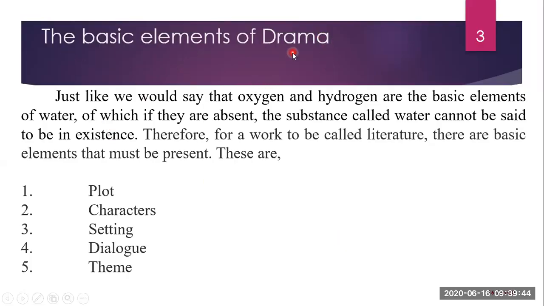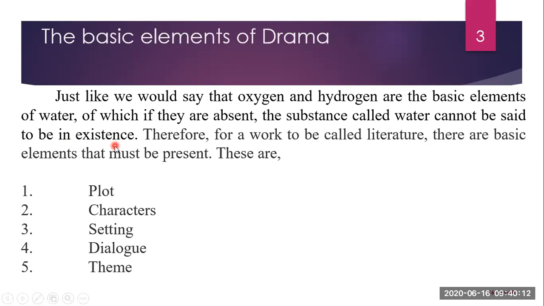What are the basic elements of drama? What do we mean by elements? Just like we would say that oxygen and hydrogen are the basic elements of water, if oxygen is absent or hydrogen is absent, the substance called water cannot be said to be in existence.